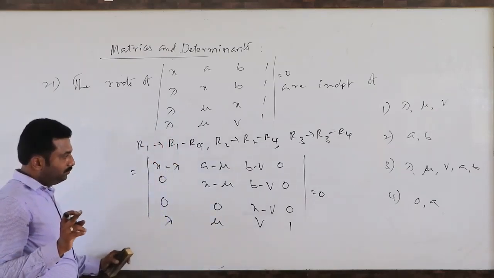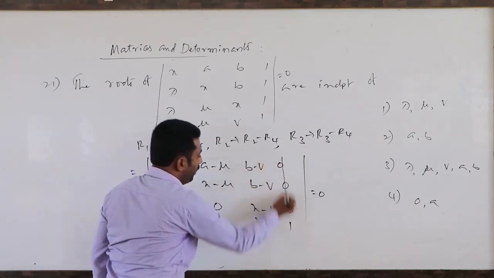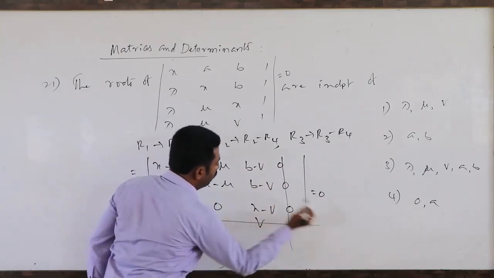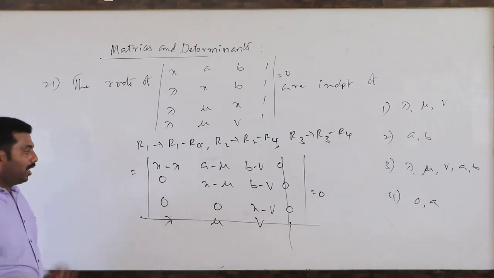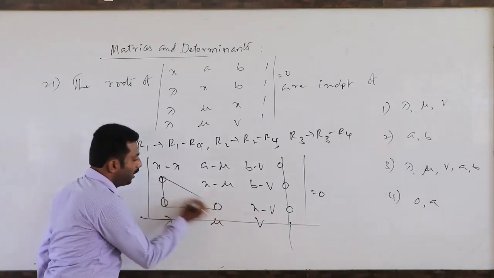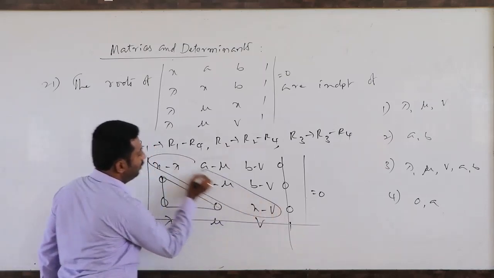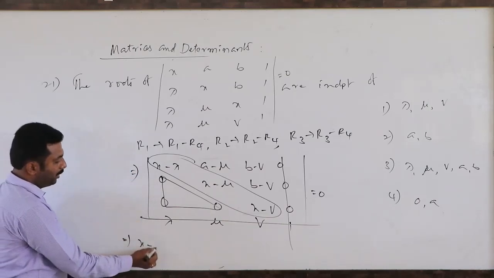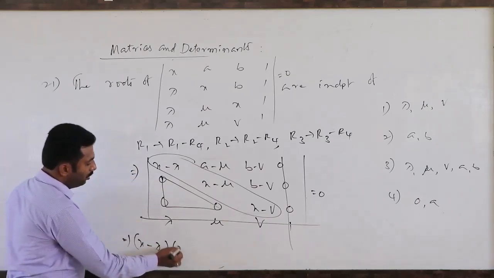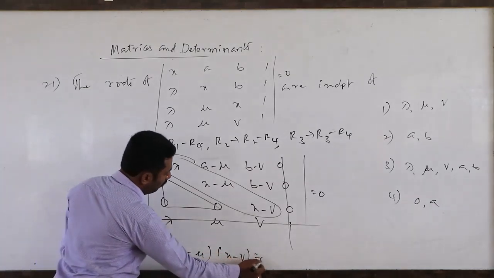Very clear, in the fourth column 0, 0, 0, 1. So if you expand along the fourth column, what we get is a triangular matrix determinant, the product of the principal diagonal elements. So finally what we got is (x minus lambda) into (x minus mu) into (x minus v) equal to 0.